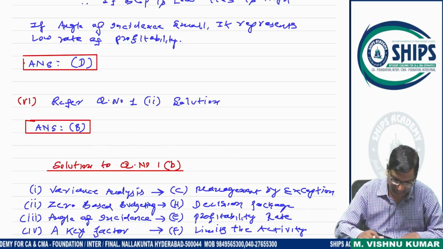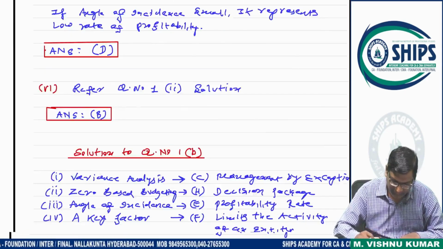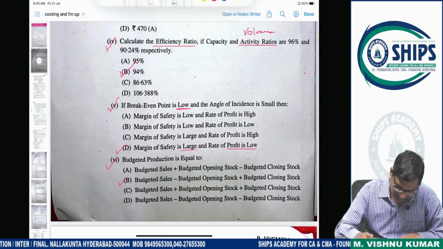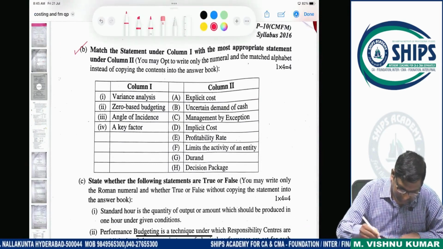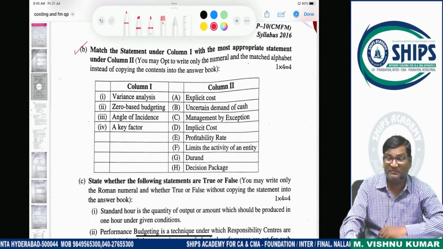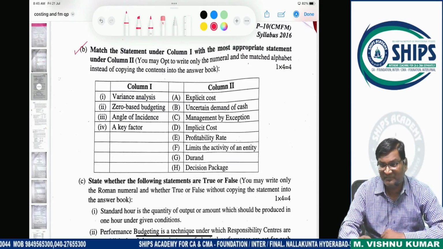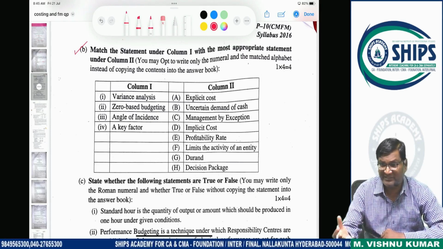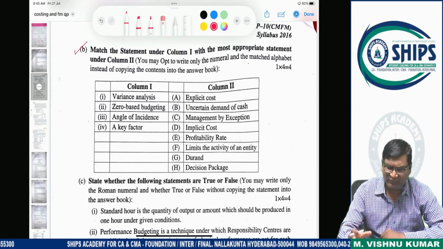Okay, now we'll move to the B part. Question number 1B. Yes, sir. So question number 1B. This is match the following. Every time the institute is giving 4 left-hand side, 4 right-hand side combinations. In some papers they have given 6 also.